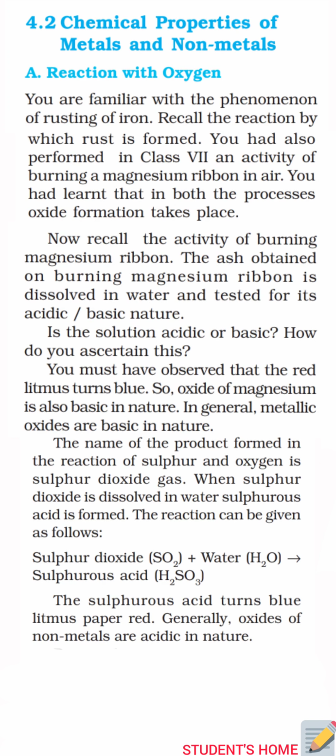The reaction can be given as follows: sulfur dioxide, SO2, plus water, H2O, gives rise to sulfurous acid, H2SO3. The sulfurous acid turns blue litmus paper red. Generally, oxides of non-metals are acidic in nature.